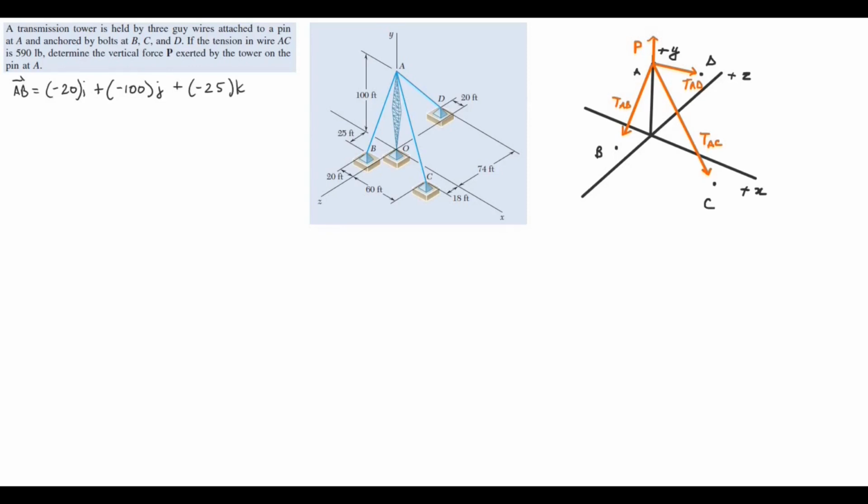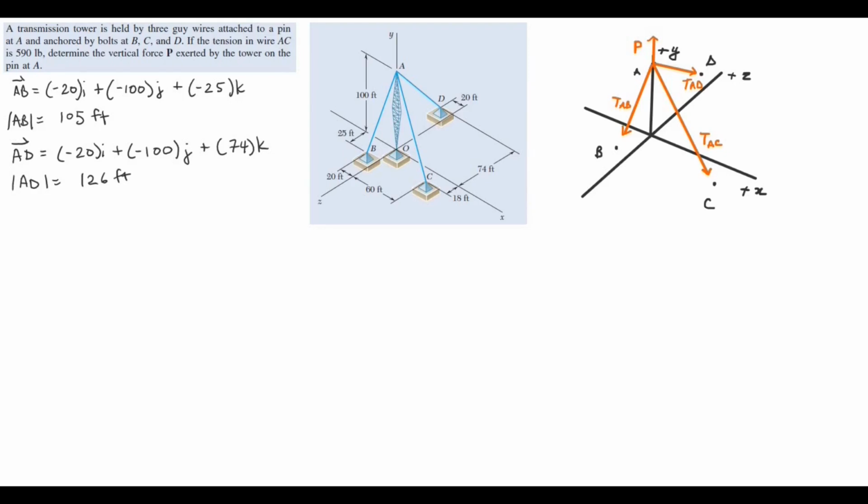Vector AB is equal to minus 20i, minus 100j, minus 25k. The magnitude of vector AB is equal to 105 feet. Vector AD is equal to minus 20i, minus 100j, plus 74k, and its magnitude is equal to 126 feet.